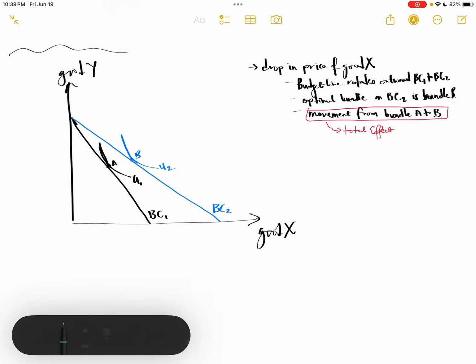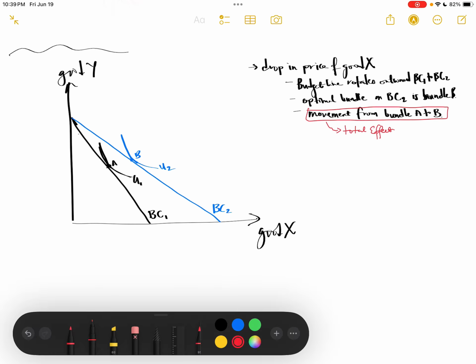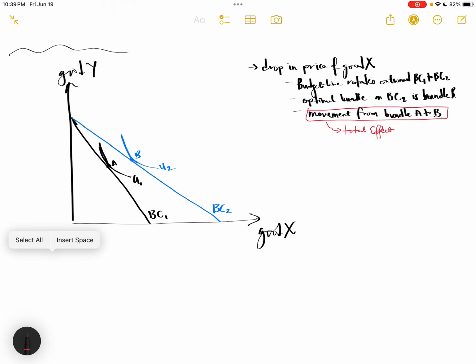So let me do that. I'll take that again, because I misspoke just a few minutes ago. We will draw a manufactured budget constraint parallel to BC2 and tangent to U1.